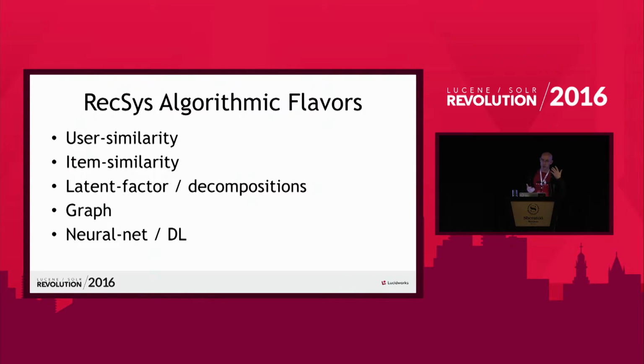The question is which approach is scalable. These days there are scalable graph-based recommender algorithms. I'm not going to talk too much about those today. And then of course, the flavor of the month for doing anything fancy with machine learning is using neural nets or deep learning. You can do recommenders with deep learning as well. Also not going to talk about that.